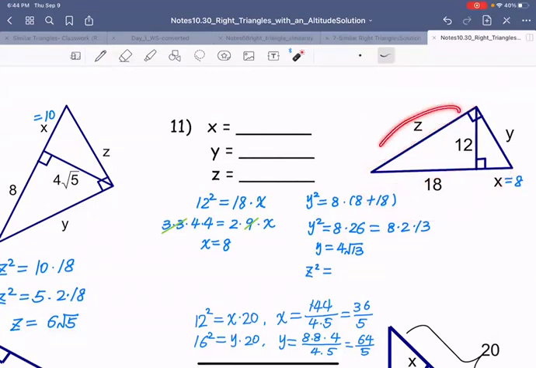Z squared equals... The left part, this guy square is this projection times the whole thing. The right part, this guy square is this projection times the whole thing. I hope you can remember this formula.